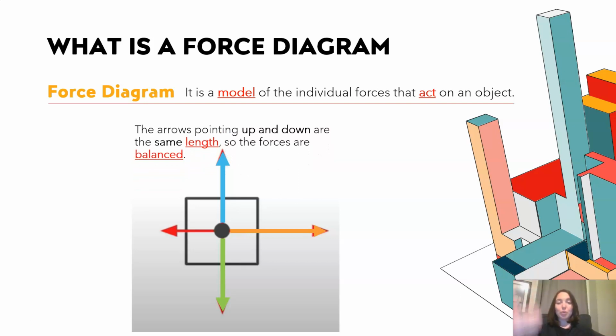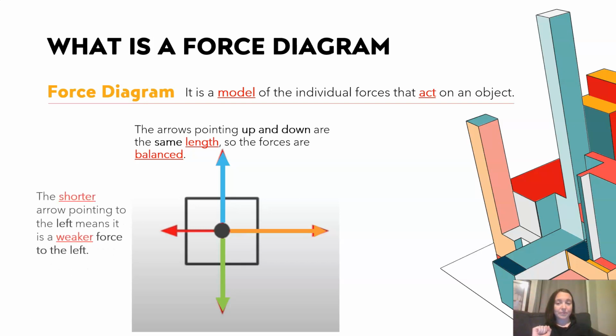If you look at the blue and green arrows pointing up and down, you'll see that they're the same length, so the forces are balanced. They're also in opposite directions, something required for forces to be balanced. For up and down, there is no net force.